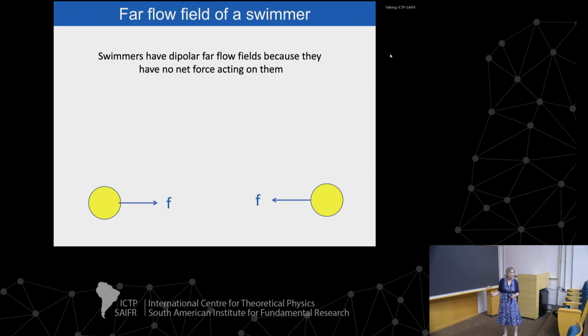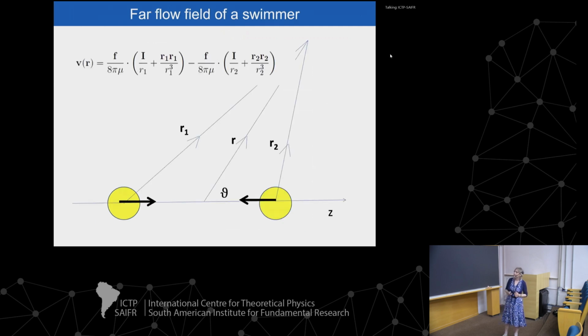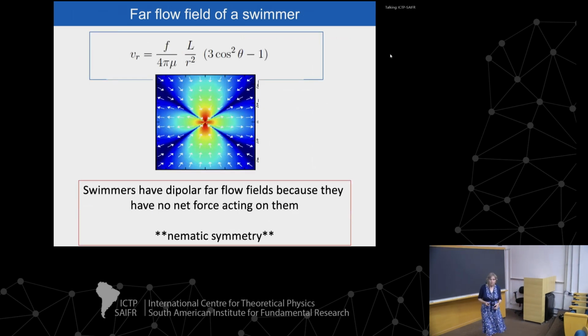Okay? We know what this one does. It's a little Stokeslet. That's a little Stokeslet in the opposite direction. If you add them up, you do some fairly nasty algebra, finding the flow field here to leading order, adding a Stokeslet at R1 and R2 and saying R1 and R2 are nearly the same, but the difference matters. And what you get is a flow field like this.